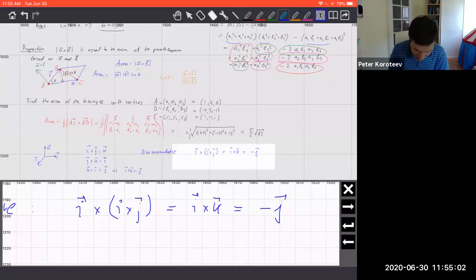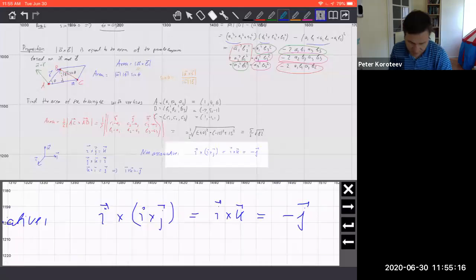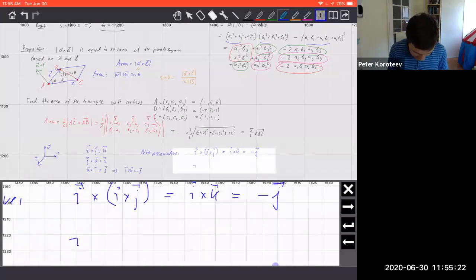It's also non-associative. Remember, associativity means that with a product of three things, you can put parentheses in two different ways. If you do it like this, then you get minus J, but if you do I cross I first, what is this equal to?